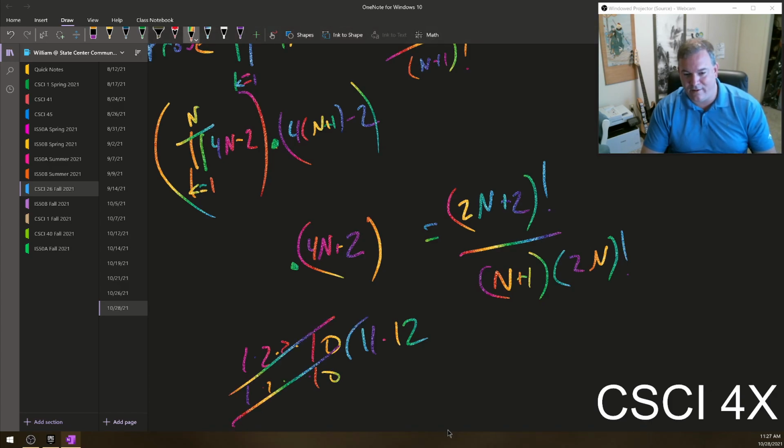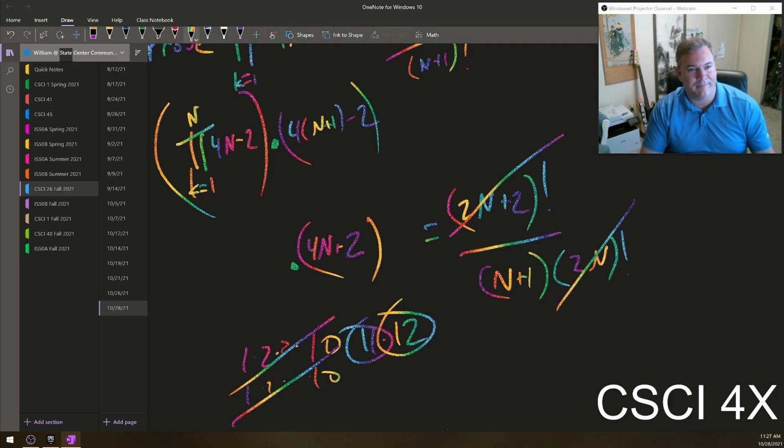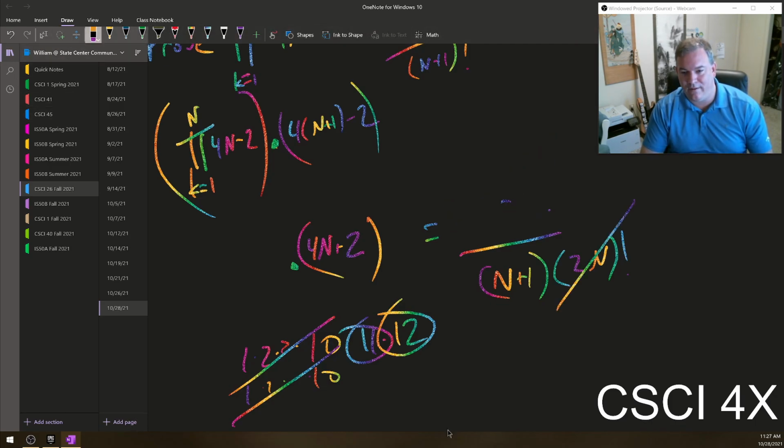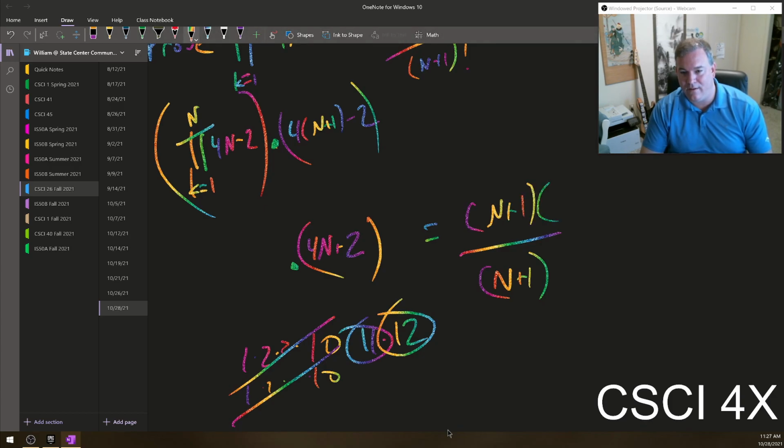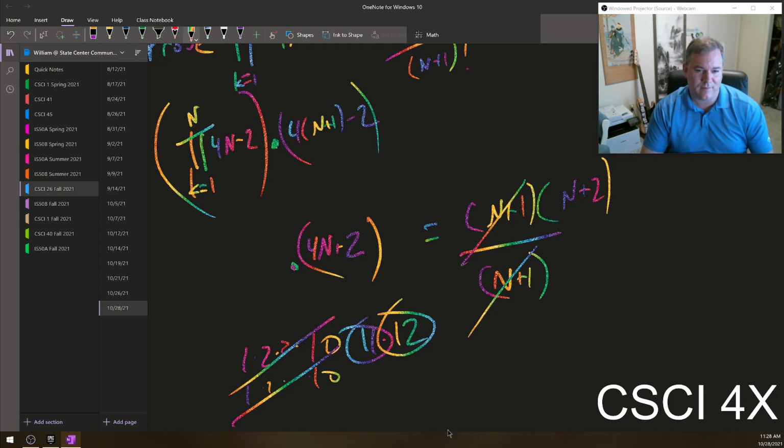So these cancel out. You end up with (2n+1) and (2n+2). So that cancels out with that. Yep. If you ever get confused, just write out the series, what a factorial is, right? We end up with n plus 1 and n plus 2. The n plus 1s cancel out, and we end up with 2 times n plus 2. So, I don't know. Did I make a mistake somewhere?